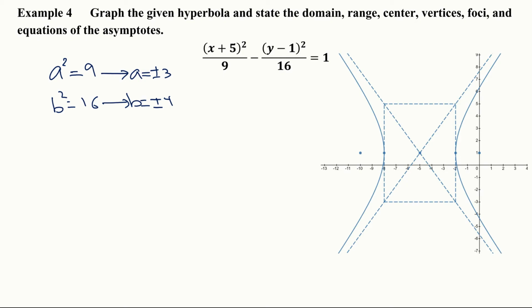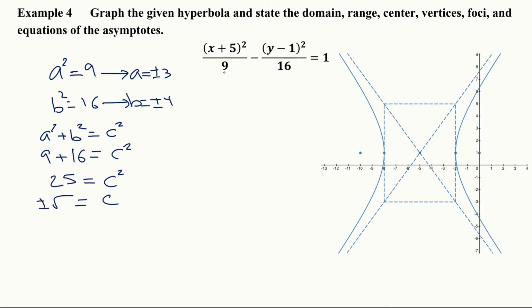All right, and we go ahead and we find c. a squared plus b squared equals c squared, so 9 plus 16 equals c squared, so 25 equals c squared, so c is going to be plus or minus the square root of 25, so c is going to be plus or minus 5. As far as the absolute value of c, the length that we're interested in, that's going to be 5, right?